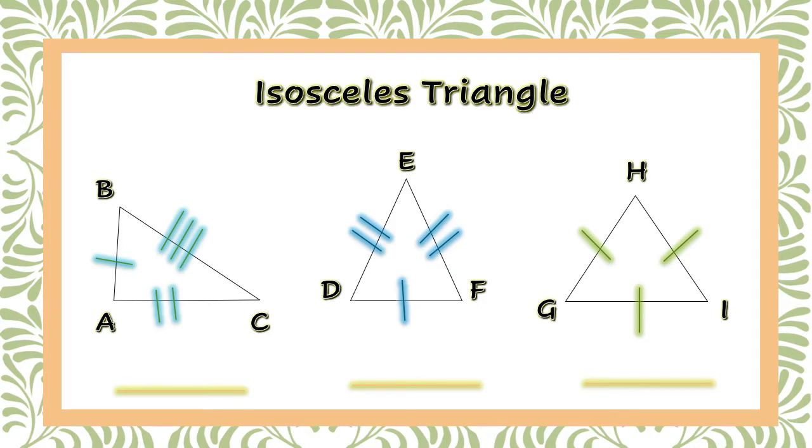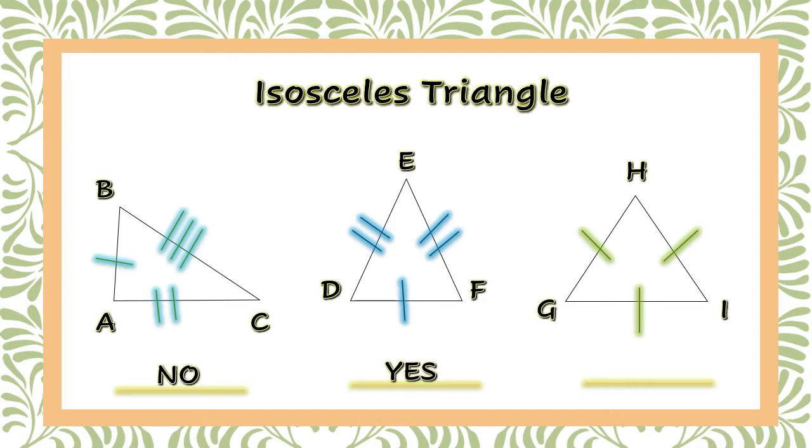The first figure is not an isosceles triangle. It is not an isosceles triangle since it has no equal sides. The second figure is an isosceles triangle. What is an isosceles triangle?